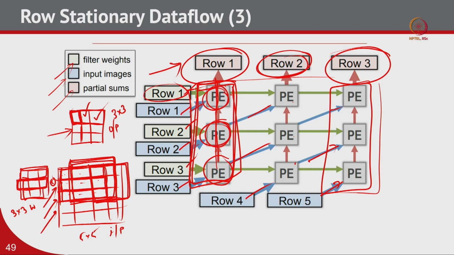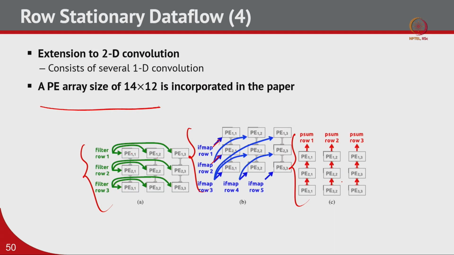If you remember, this set of PEs is getting row 1, row 2, row 3 of the input feature map. This set of PEs is getting row 2, row 3 and row 4, and then this set of PEs is getting row 3, row 4 and row 5 of the input feature map, right. So, that means the input feature map is actually flowing diagonally, right.